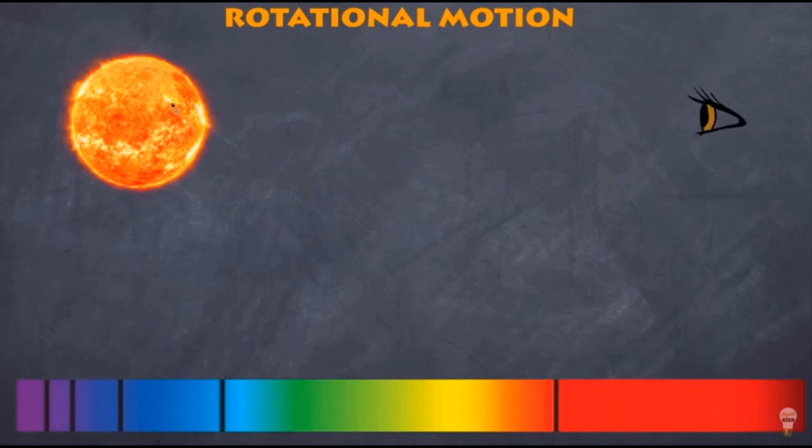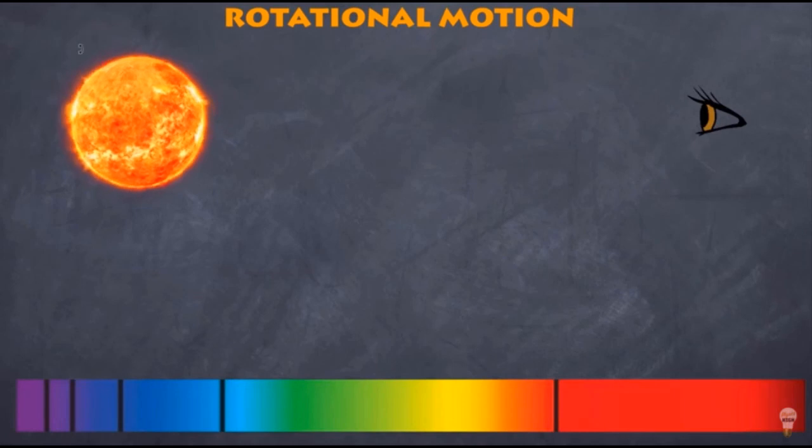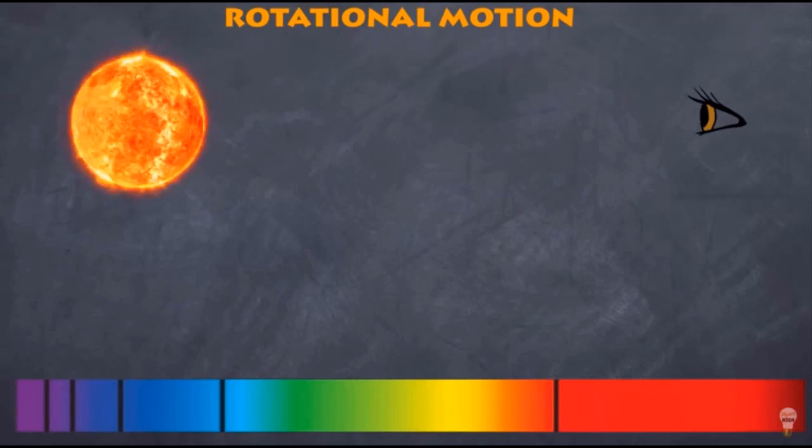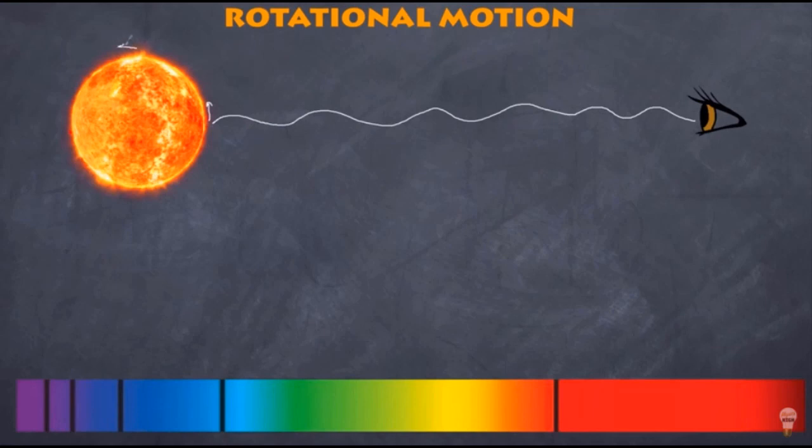A star, of course, isn't stationary. It's also going to be rotating. Now, if it's rotating, what does that do to the spectra? The first thing is that the light at the center moving in that direction is just going to give us a normal wavelength of light, like so. However, this far end here is moving away from you, so that's going to give us a little bit of a red shift. In other words, the wavelength is going to be a little bit longer.